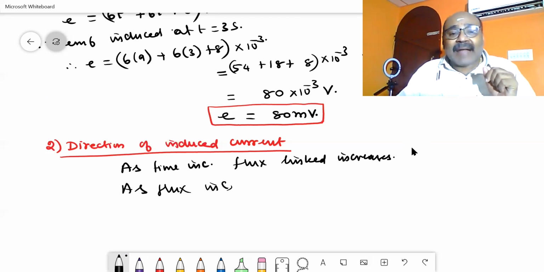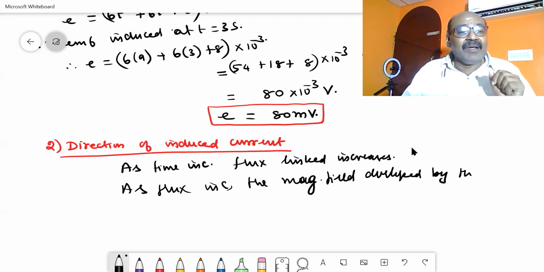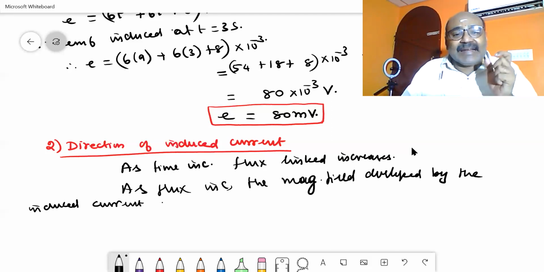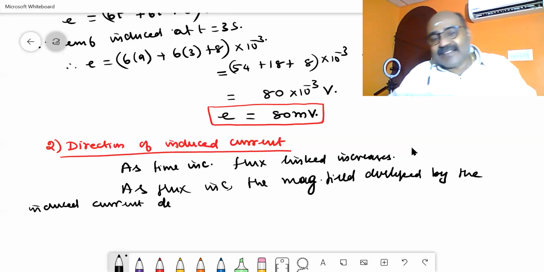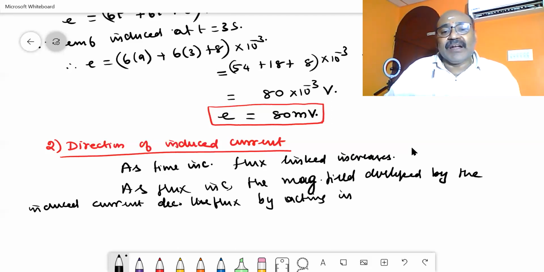As the flux increases, the magnetic field developed by the induced current or EMF opposes it, so it decreases the flux by acting in the opposite direction to the existing field.